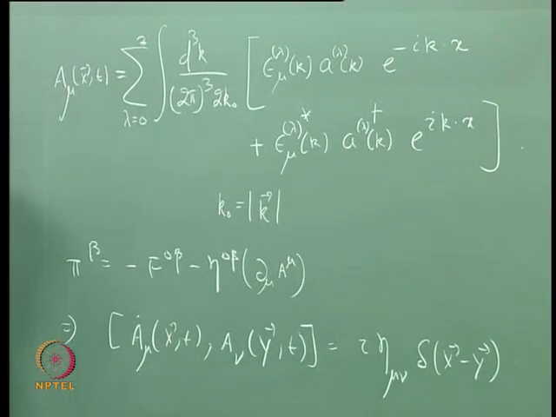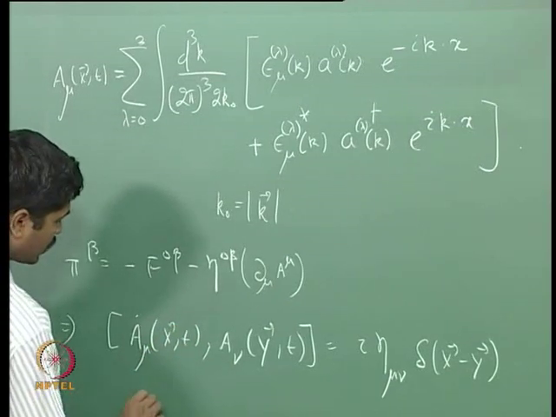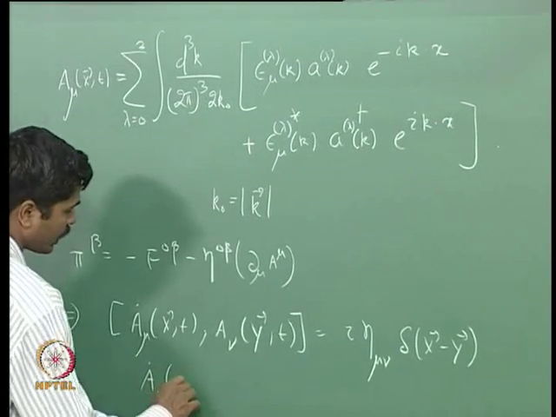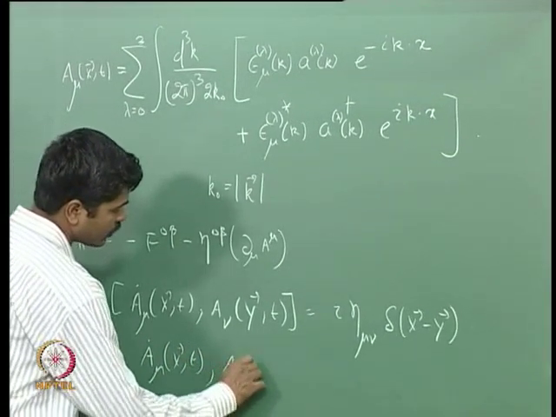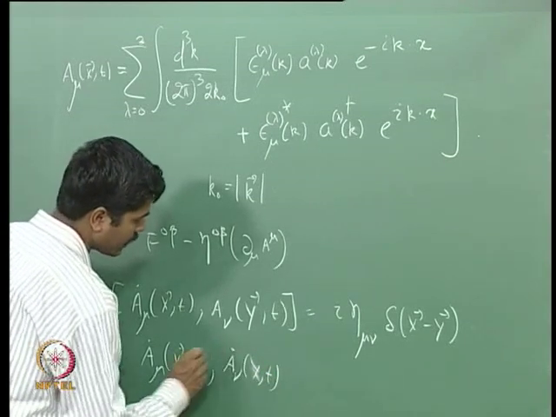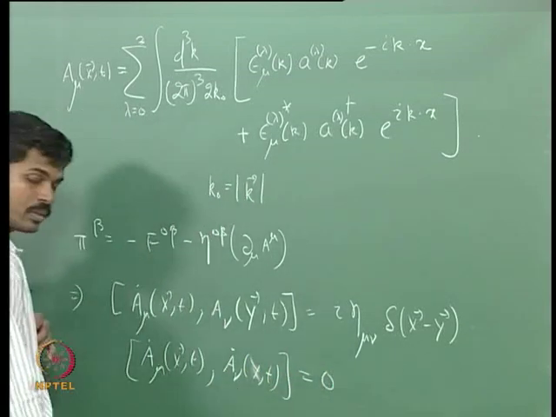whereas the commutator of A dot mu of x, t and A dot nu of y, t is equal to 0.